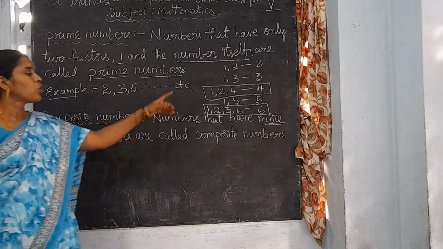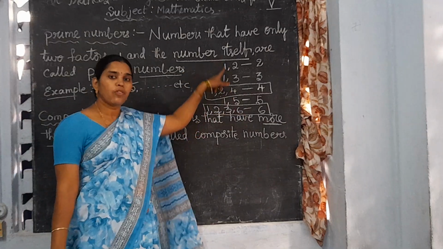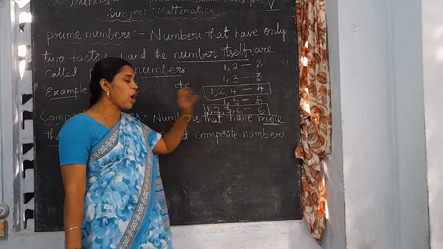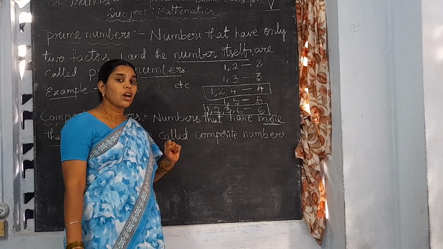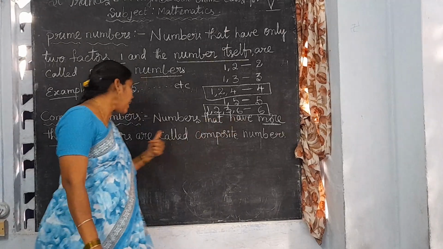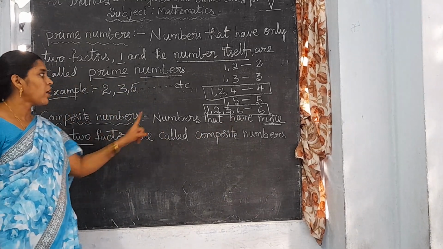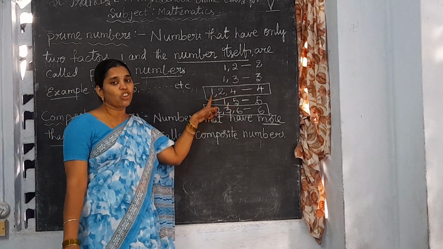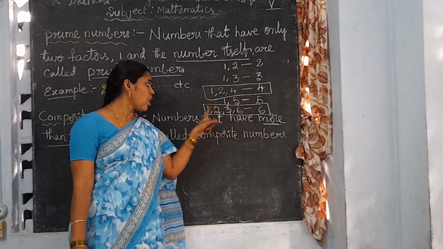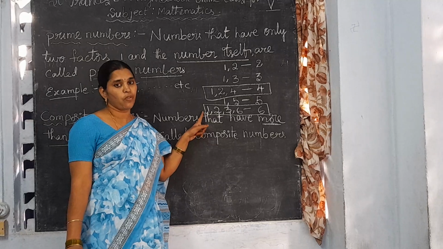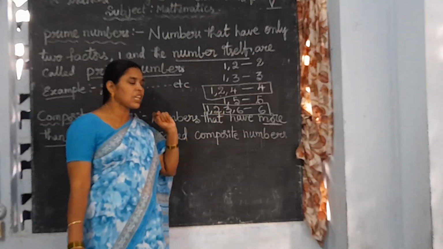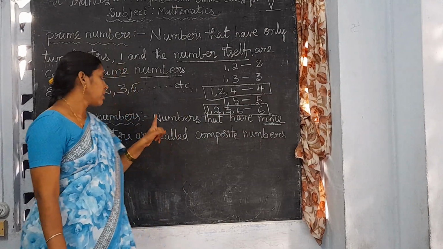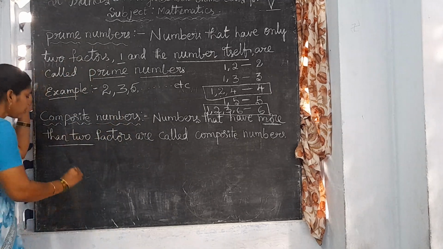See, here from 2 to 6 I wrote the factors. In that, what are the composite numbers? Composite numbers have more than 2 factors. 4 has how many factors? More than 2 factors. 6 also has more than 2 factors. So 4 and 6 are composite numbers.